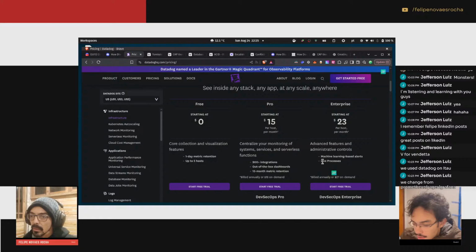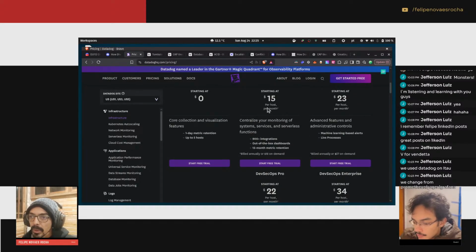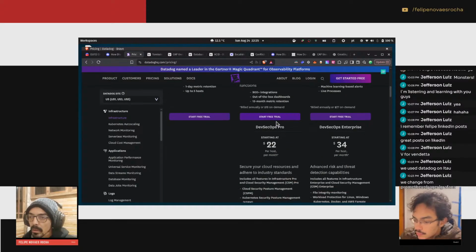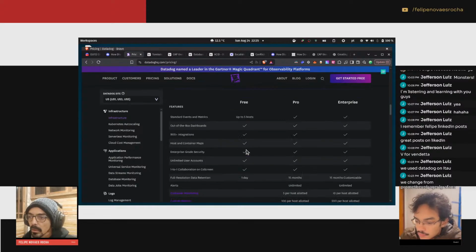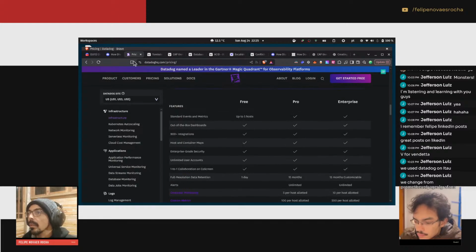Out of the box. Yeah, you can use machine learning in Grafana with some plugins. Maybe that one, but that's per host. I think you need more, depending on the system. Okay, let's go back.